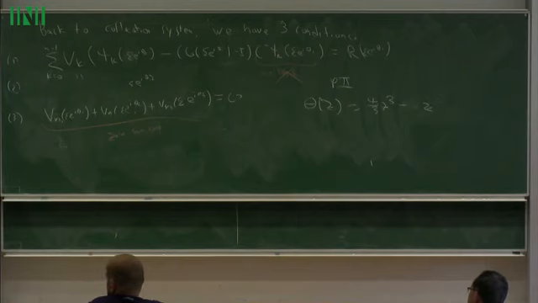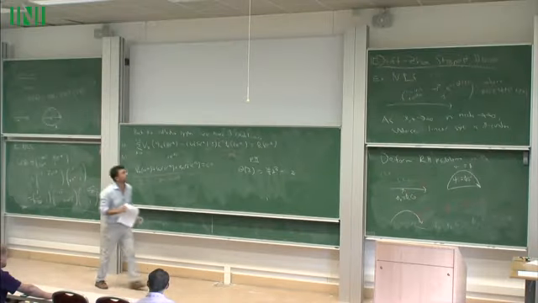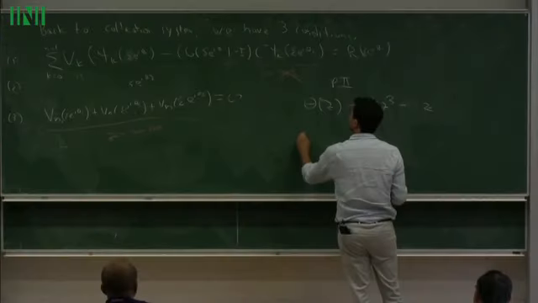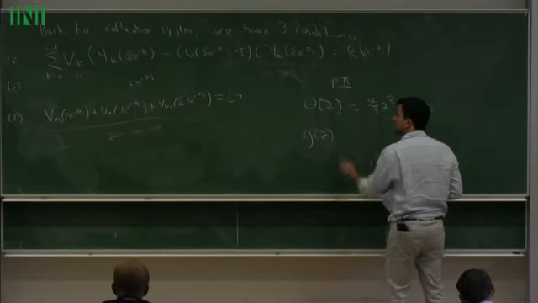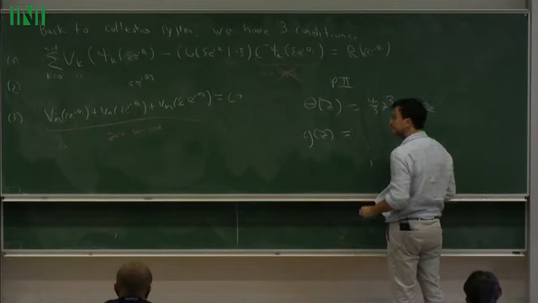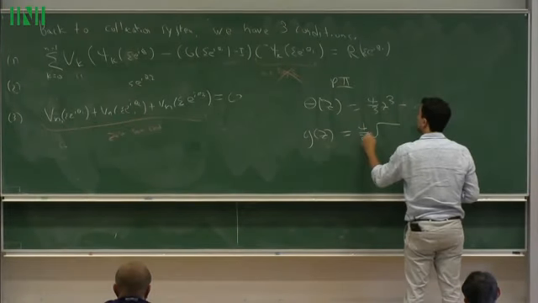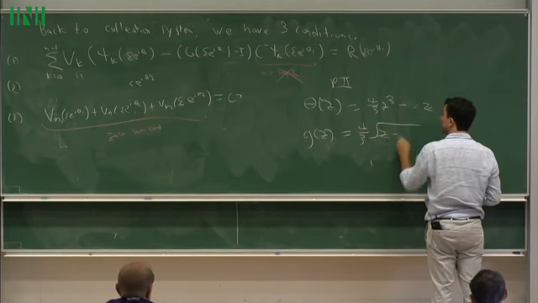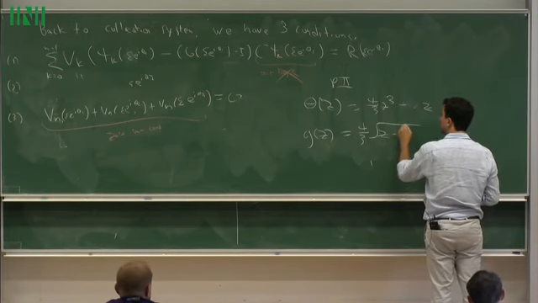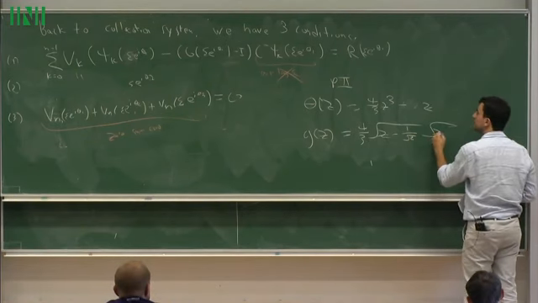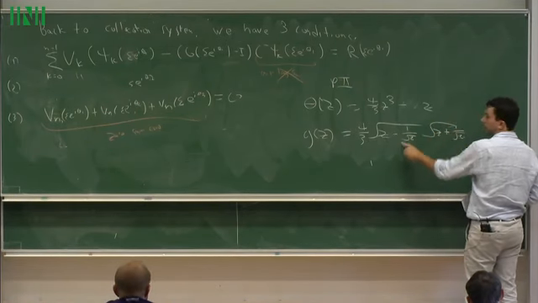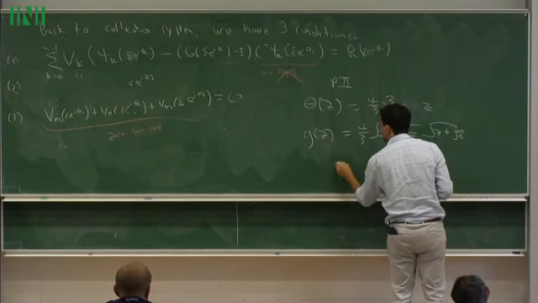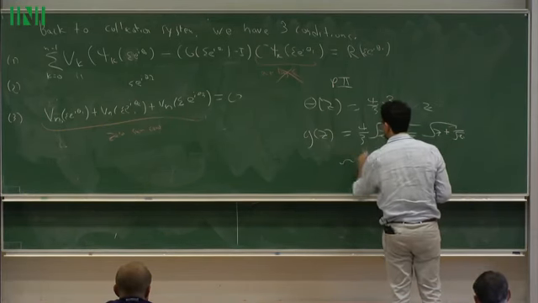It turns out for asymptotic regions, there's no other simple decomposition that works, and then you have to do things a lot more complicated by replacing theta by a g function, which looks like 4/3 z, I think 1/√2, something like that, where whatever this term is chosen so that it's asymptotic to theta of z.